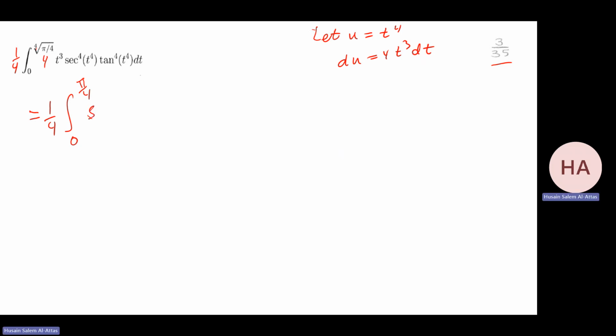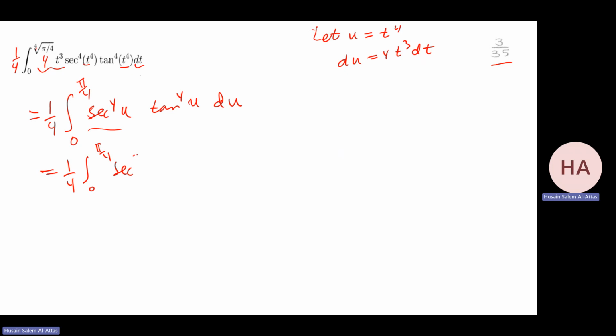And they have what? Secant to the power 4, tan to the power 4 of u. Since they take u equals t to the power 4, and that will be du. Now it's ready. Since secant is even, I take one secant square out.